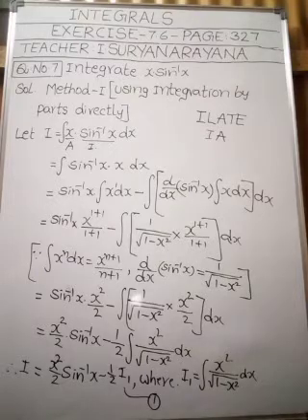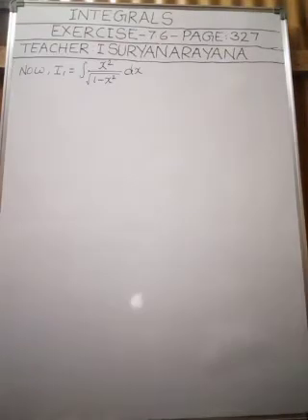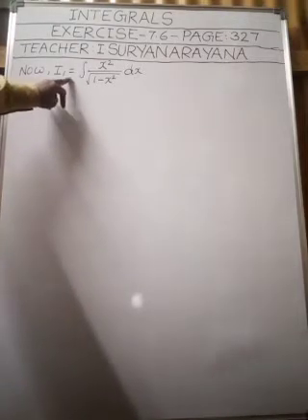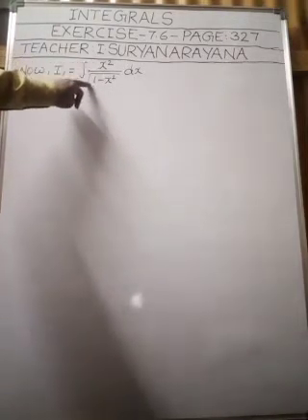Now to evaluate this integral, I1 is equal to integral x square by root of 1 minus x square dx, we use our previous knowledge. In exercise 7.2, we used integration by substitution. We use that knowledge here to evaluate this integral.